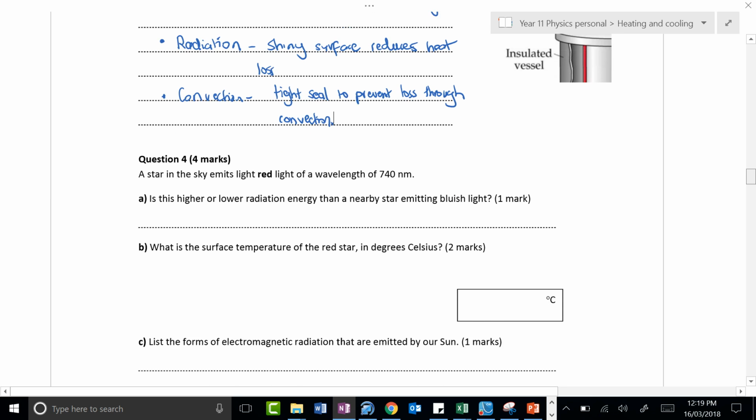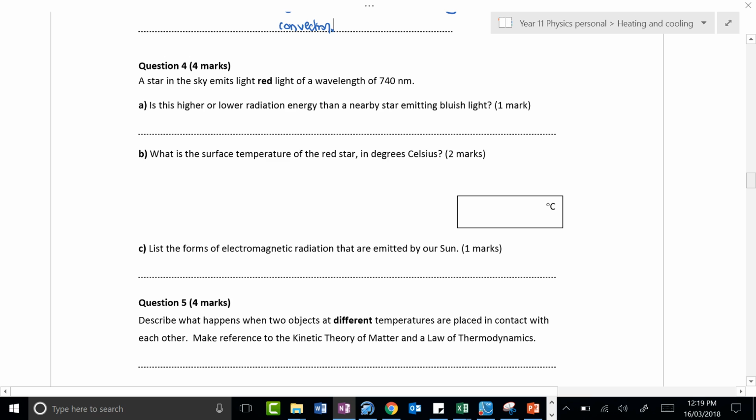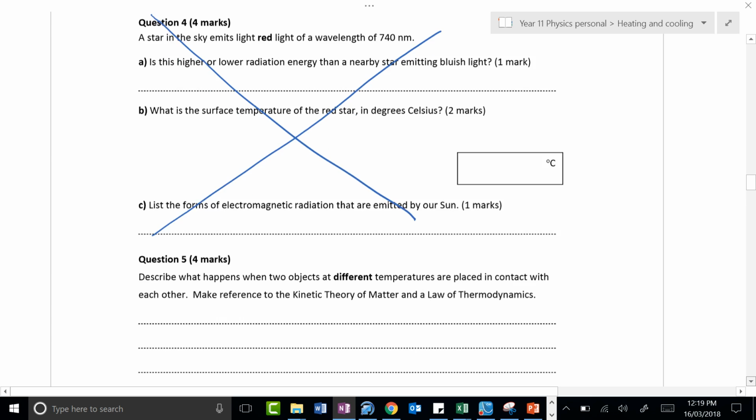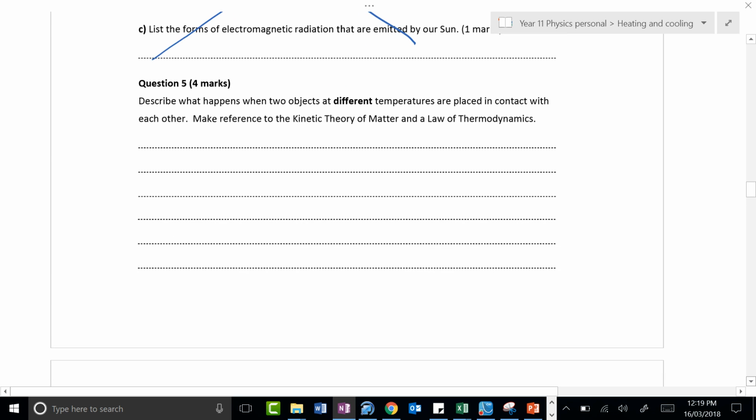Now, this thing about the star, you've probably already crossed it out. None of that we need to do. However, this is definitely a question that you could get. Describe what happens when two objects at different temperatures are placed in contact with each other. Make reference to the kinetic theory of matter and the law of thermodynamics. So what we can say is that heat transfer, does it happen from colder to hotter objects or hotter to colder?